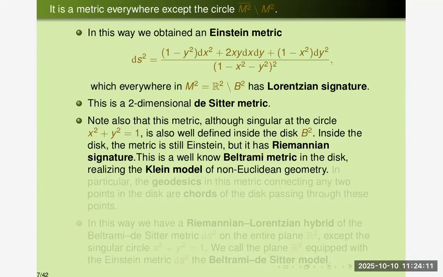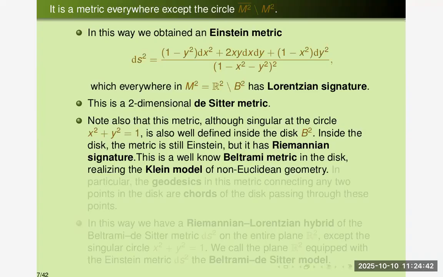If we only consider a disk with this metric, then this metric is what is called the Beltrami metric on the disk, and it's yet another way of describing non-Euclidean geometry on the disk, different from the Klein model. In the Klein model, the geodesics are parts of circles starting and ending at the boundary.